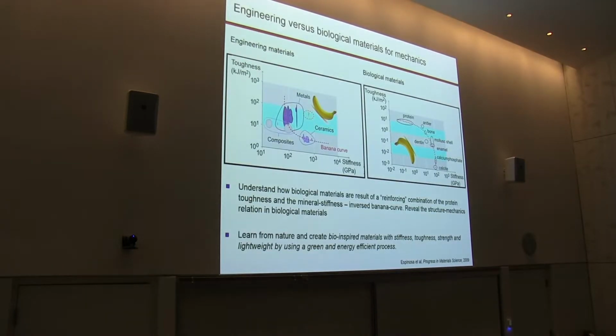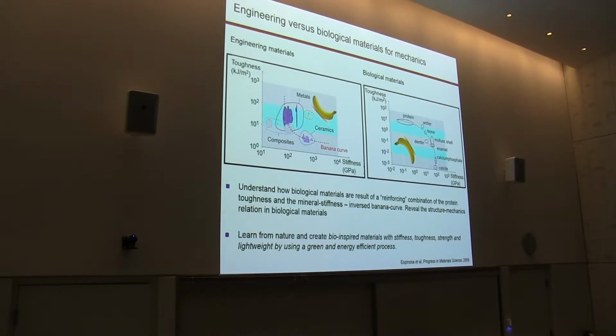Not only spider silk, but there are many other biological materials that have amazing mechanics, for example, nacre or bone. One of the amazing features they have is a good combination of both toughness and stiffness. So you can have this kind of inverse banana curve that gives you materials with a good combination of those two features. But many other engineering materials like metals or ceramics lie along this banana curve.